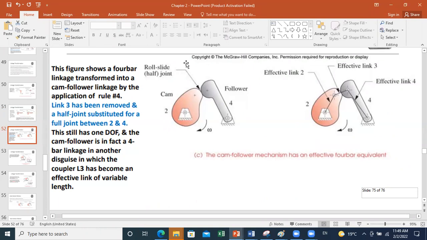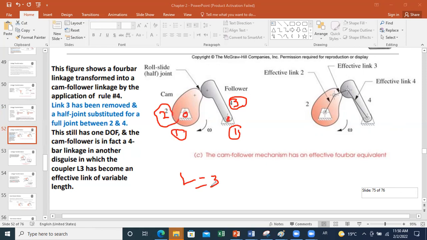The first modification is that the number of links is reduced. If you count links, you have the ground, which is counted as link 1. You have the cam, which is link 2, and the follower, which is link 3. So you have 3 links. Already, you reduce the number of links compared to the 4-bar linkage.